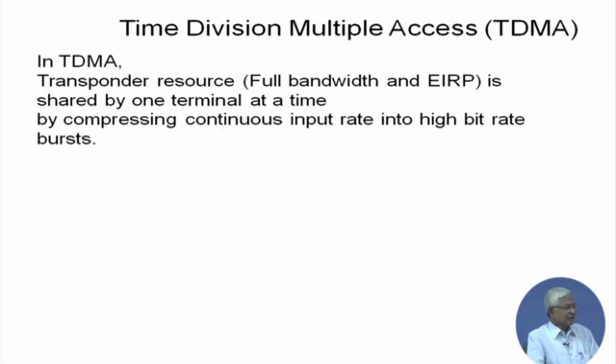The other 11 stations have to hold the voice, and whenever their turn comes they have to transmit. This can be done by compressing the continuous input into a high bit rate burst. If continuous inputs are coming, you can compress them into a high bit rate, and in one bit period you can allot a slot to each of them.